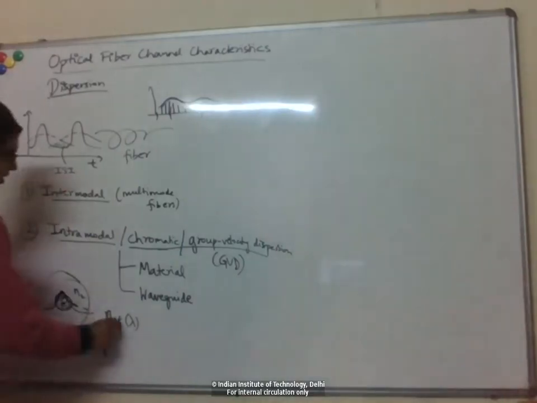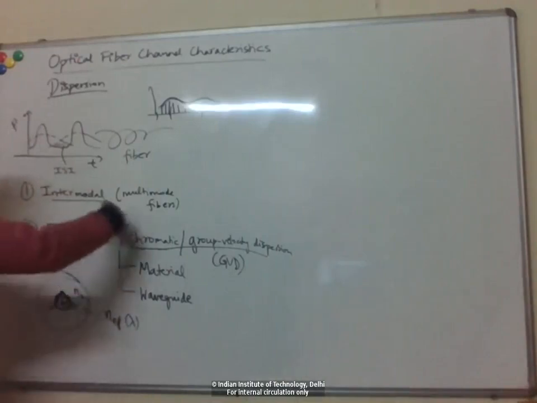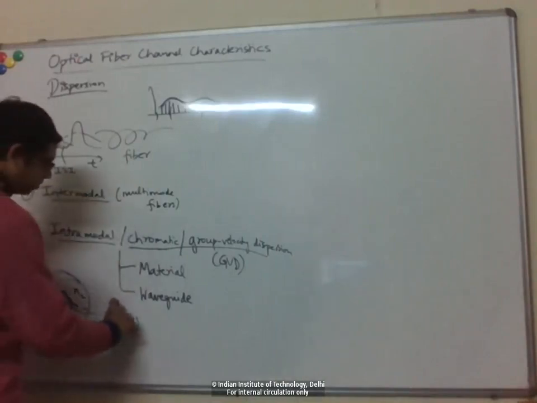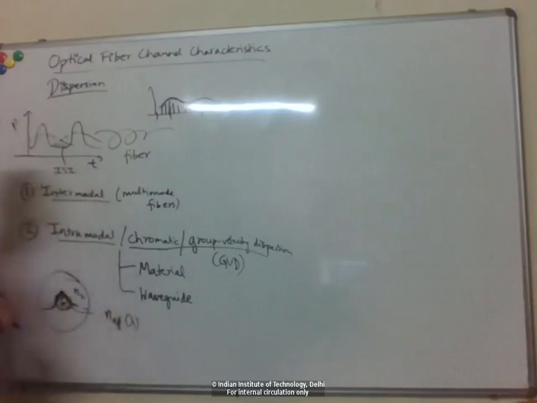And now, if this effective index is a function of wavelength, again, the group velocity, or the energy carried by this mode, will depend on the group velocity, which depends on this index, which is now a function of wavelength. Okay? So, again, it will lead to a dispersion.